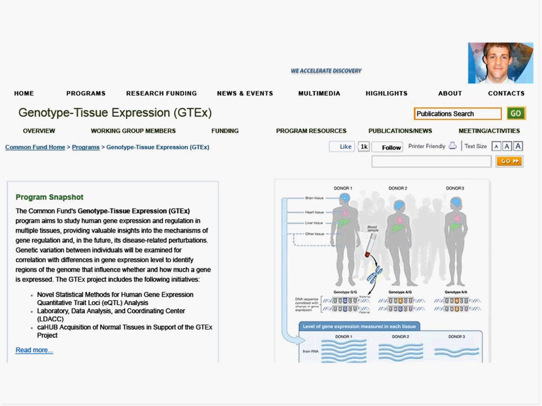In GTEx, most of the tissues are being collected from organ donors, but there will be some tissues collected from surgical patients. In the first round, the emphasis has been on RNA-seq studies being conducted in these tissues.